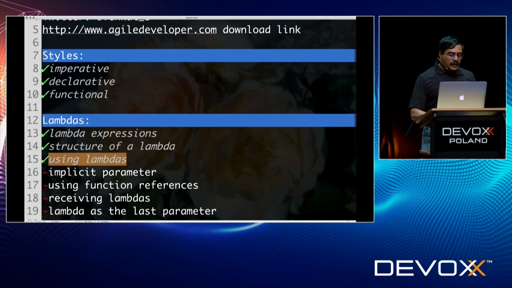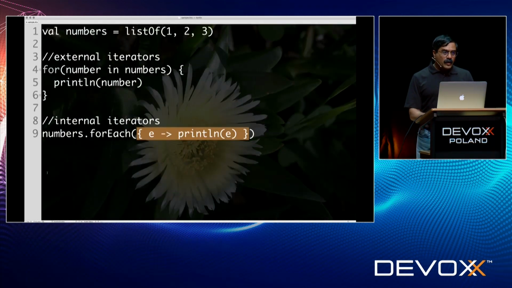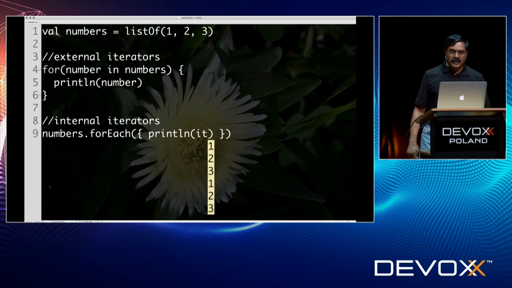Now, what you can do with this is a few different things. The first is you can use the implicit parameter to this particular function. Rather than calling it e, you can simply say it. By using it, you are avoiding passing an explicit parameter in the case of Kotlin.